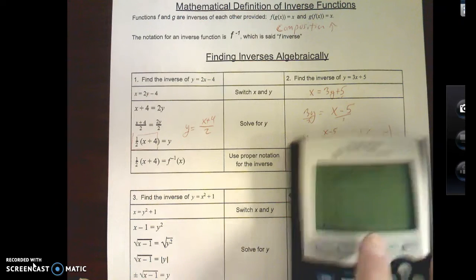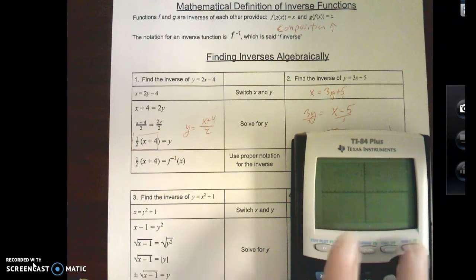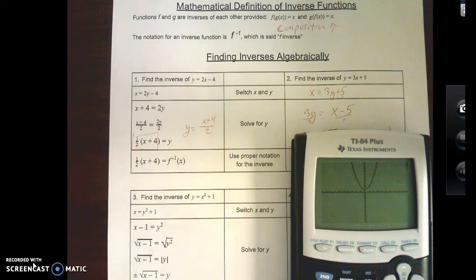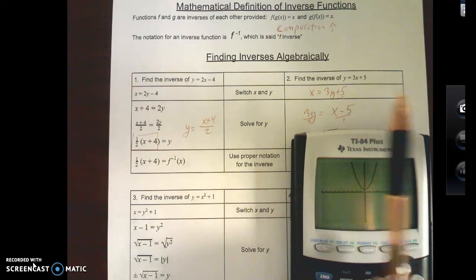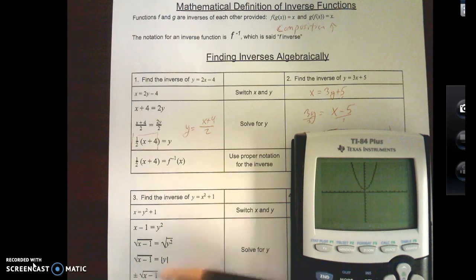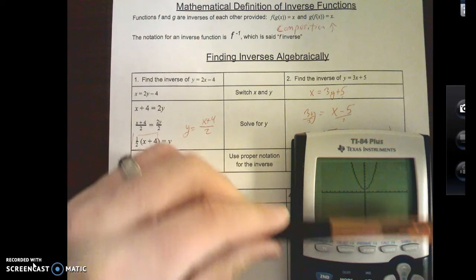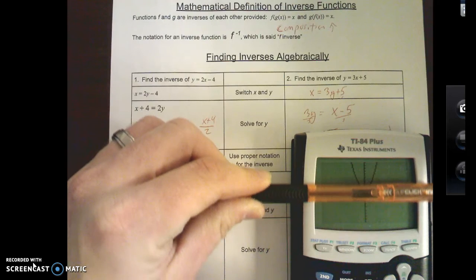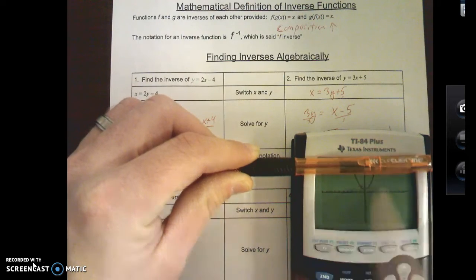So y equals x squared plus 1. I'm going to hit graph. Now, it's called the horizontal line test. Normally, you do what we call a vertical line test, where you go straight up and down and you go left to right. So this graph originally is a function. But the horizontal line test is when I take my pen and turn it horizontal, go up and down, you'll notice it's more than one point.